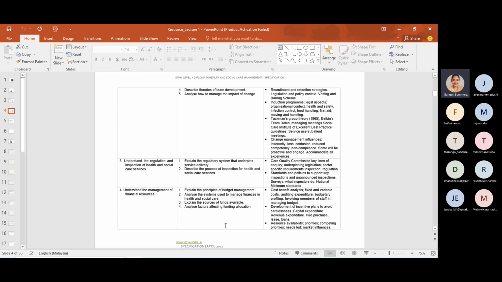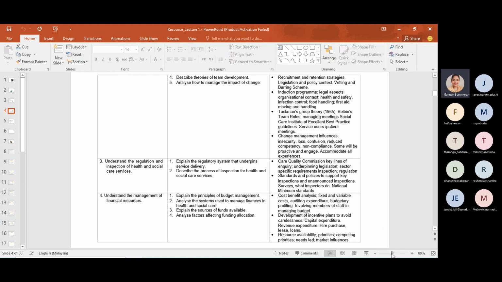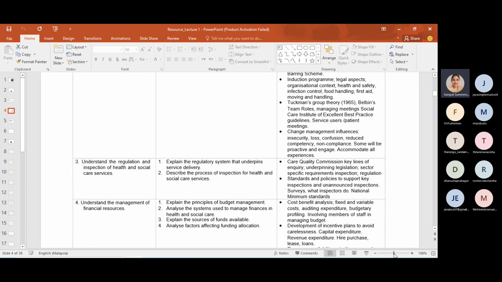And then we have learning outcome 3: understand the regulation and inspection of health and social care services. Under this learning outcome, you will learn about the regulatory system that underpins service delivery, and describe the process of inspection for health and social care services.